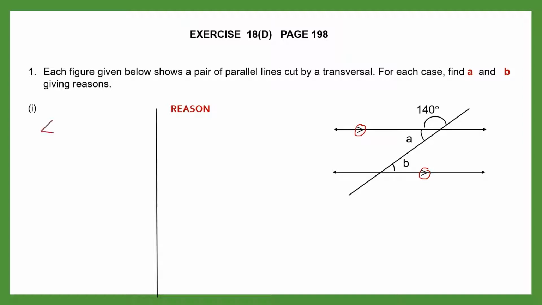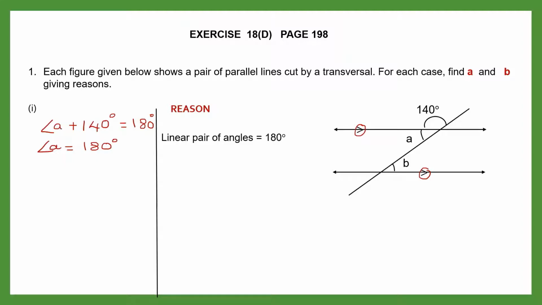So angle A plus 140 degrees should be equal to 180 degrees. And what is the reason? They are a linear pair of angles. So now let's find out angle A. 180 degrees.